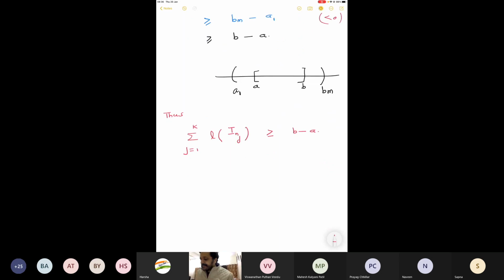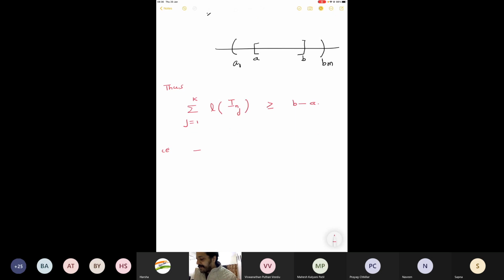That is, the summation j equal to 1 to N of the length of I_n, this is a subfamily, a finite subcover of I_nj, is greater than or equal to B minus A.